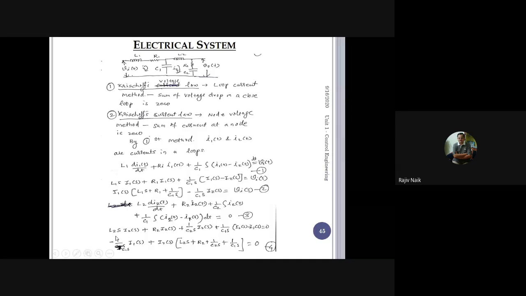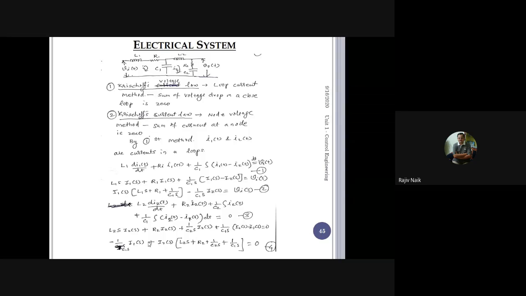So the next step I have taken is I1(S) common first. I will write I1 first, I2 next. I1 in the second equation is negative, so minus 1 upon C1 S into I1(S) will be the term.